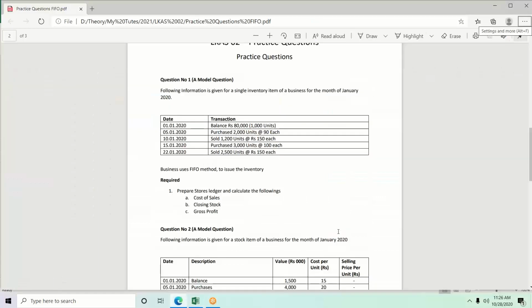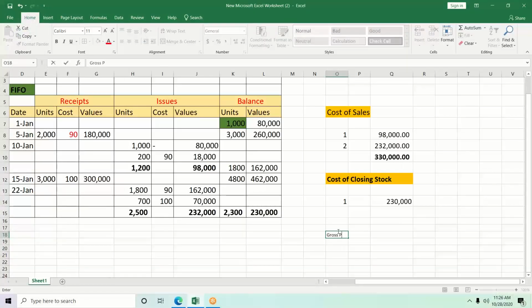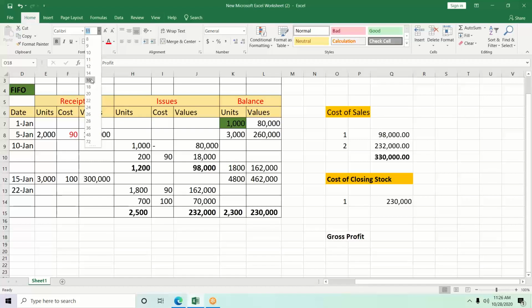Then the third requirement is to calculate the gross profit. How are you supposed to calculate the gross profit? This is very important. Even in the 2020 paper, the examiner focused on your knowledge of how to calculate the cost of sales.